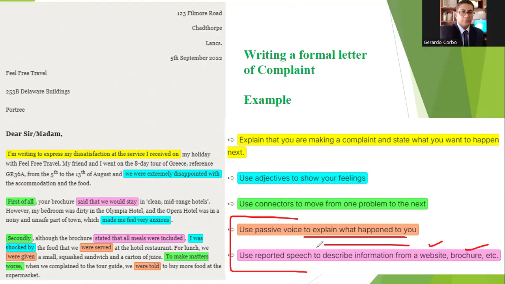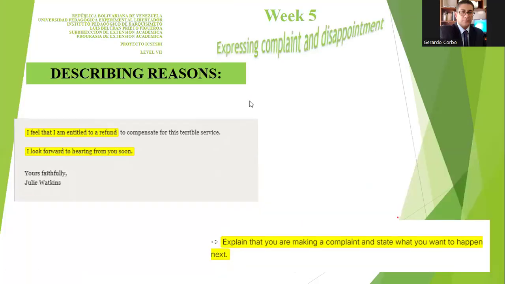So you say, okay, for these sentences, it's better to use passive voice and reported speech that you already used or practiced in previous levels, all right? And now, when you close your letter, you have to explain what you expect. This is really, really important, okay? What is the result or what are you asking for?